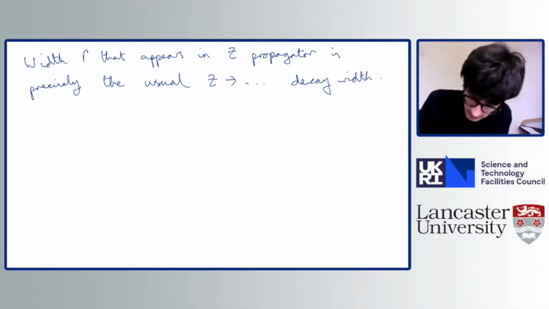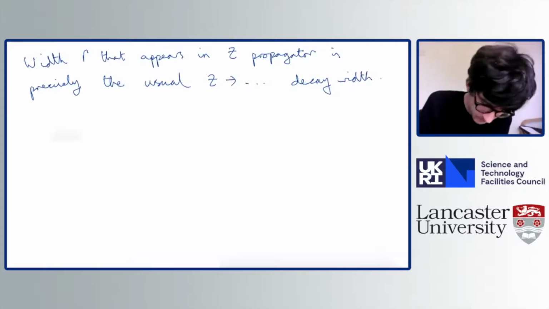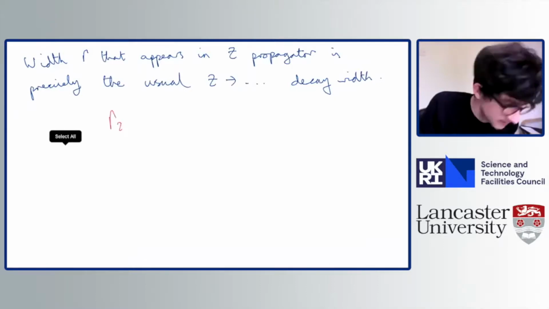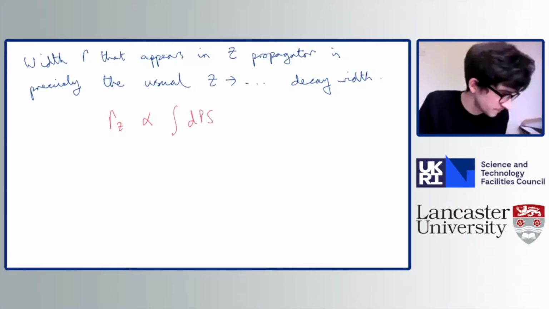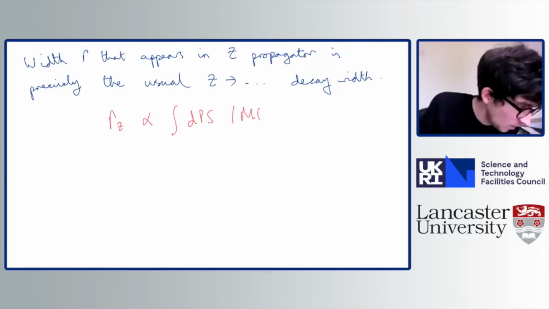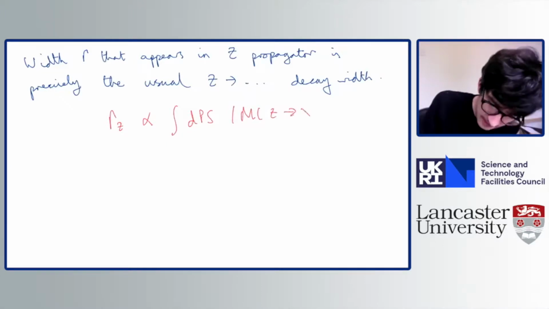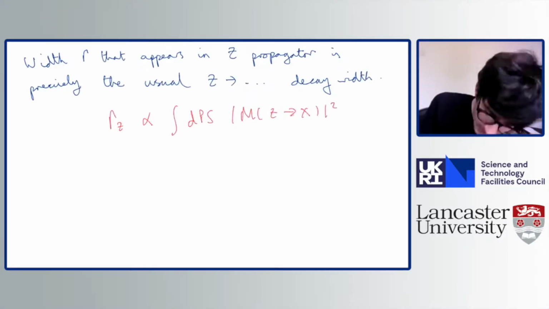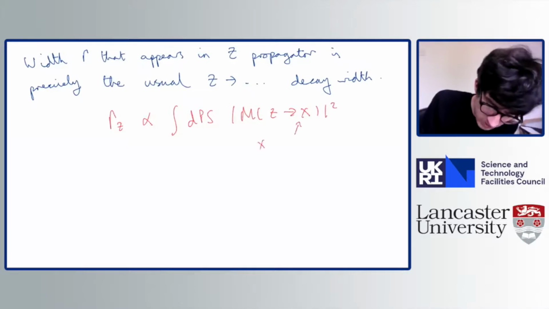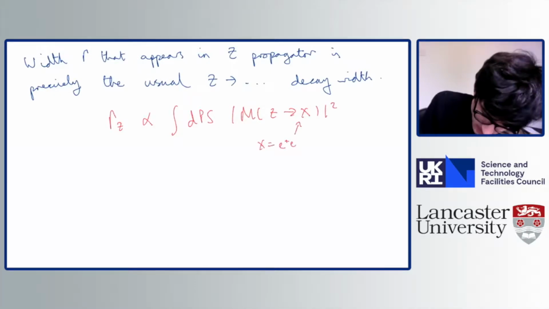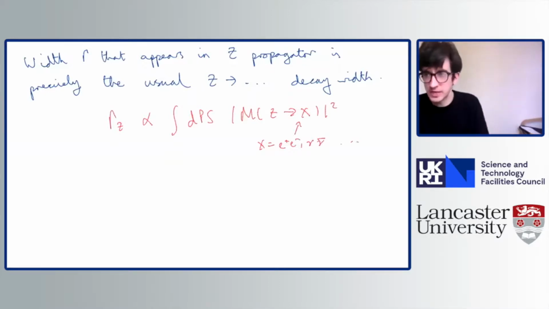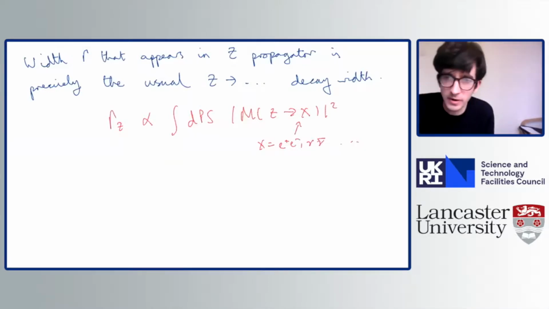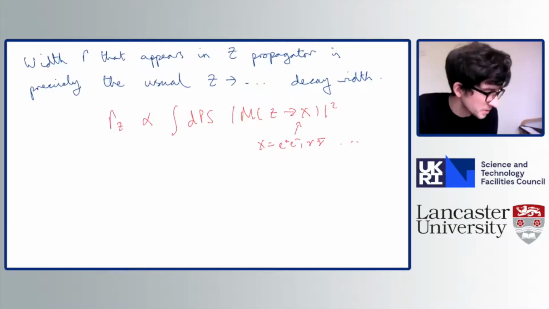In other words, gamma Z is proportional to some integral over some phase space of the matrix element for Z goes to X, all squared, where X is equal to e plus e minus, neutrino, antineutrino, anything that can be produced kinematically, given that we have the invariant mass of the Z being what it is.